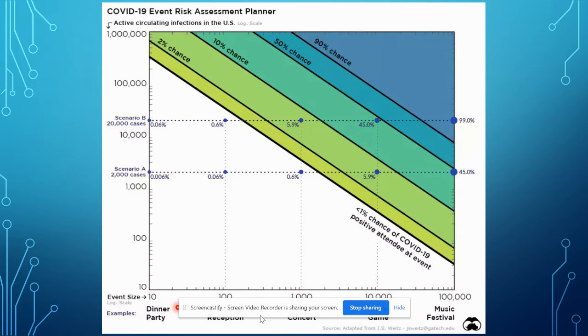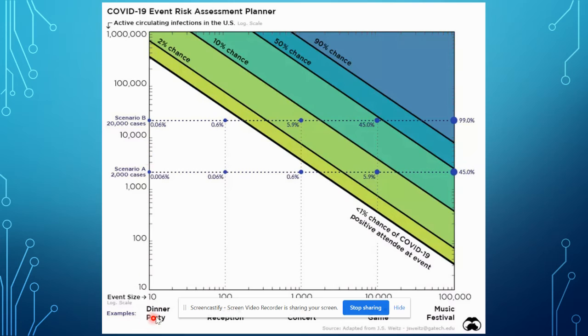And think of examples of what those events could be. The 10-person event is like a dinner party. The 100,000-person event is like a big music festival, like Lollapalooza or something. And then up here we have active circulating infections.